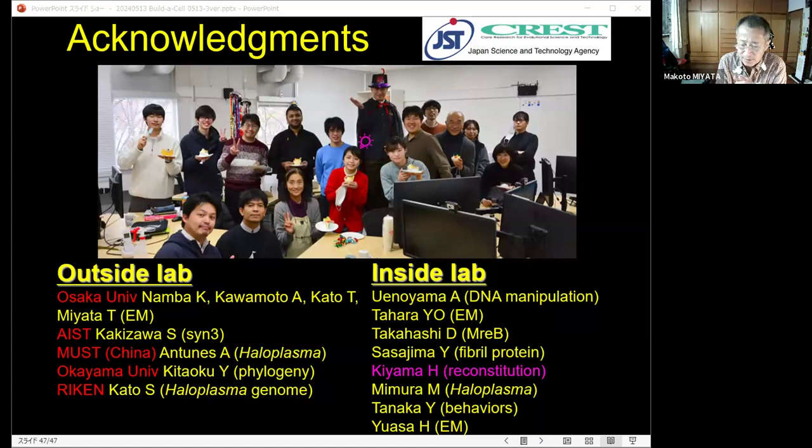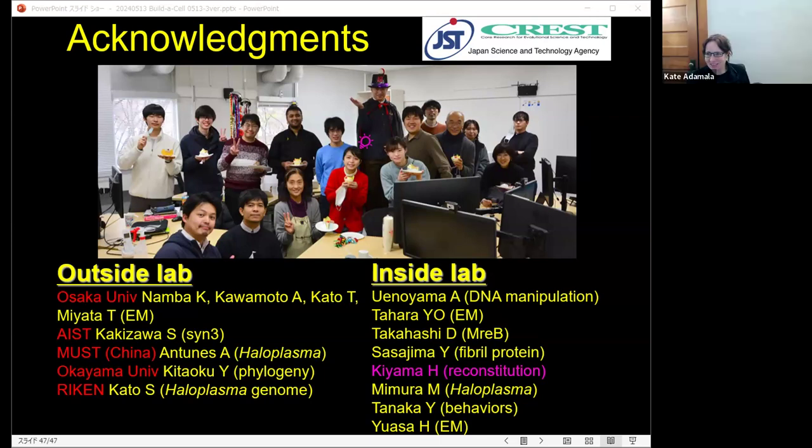We are trying to make a completely new cell shape and new motility. Yes, that's a really exciting field. I'm really excited to see that too.